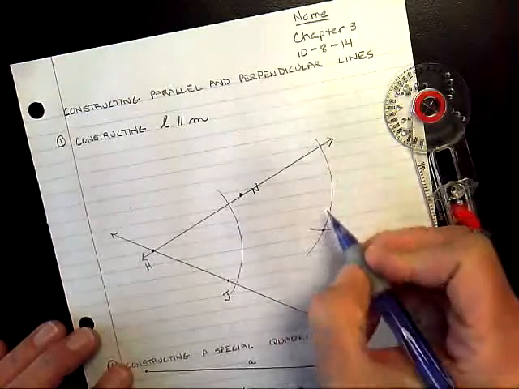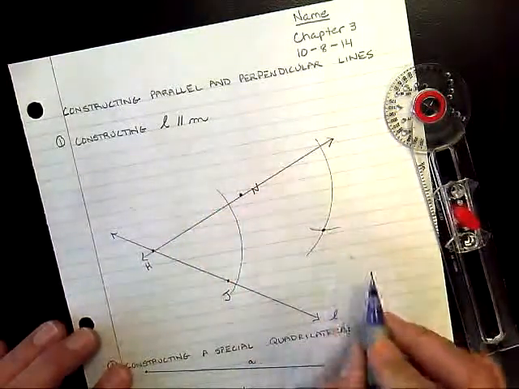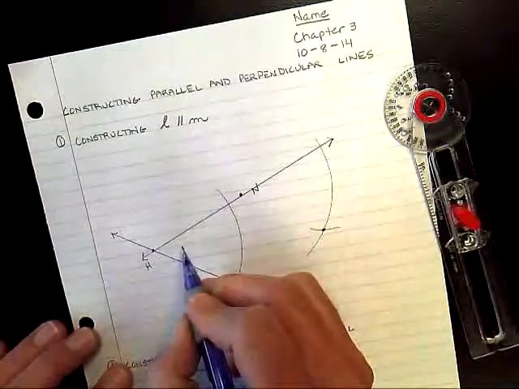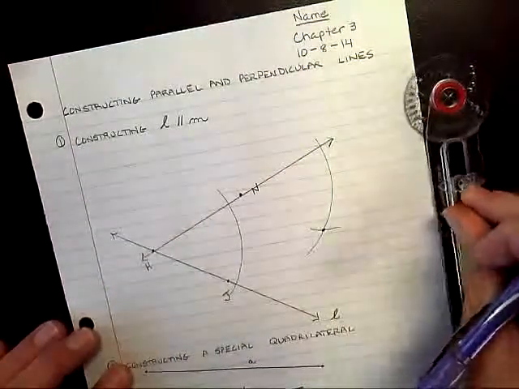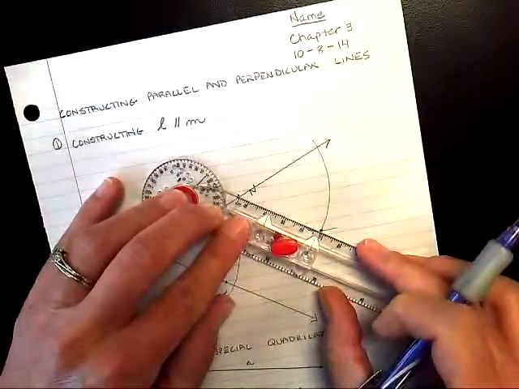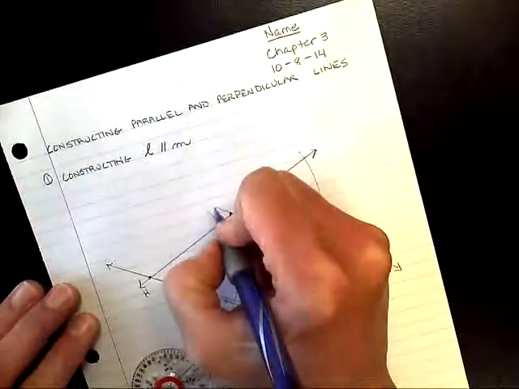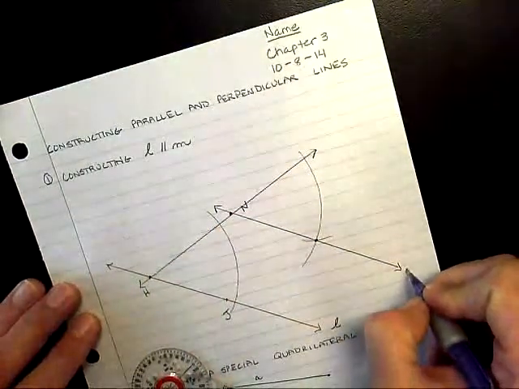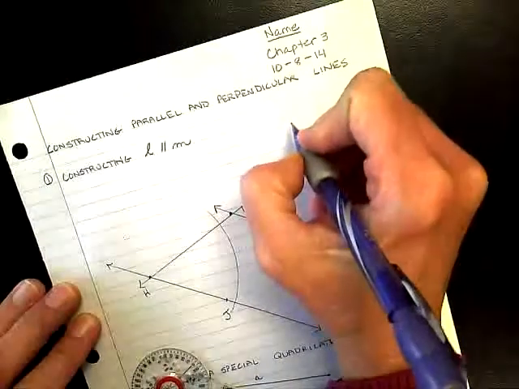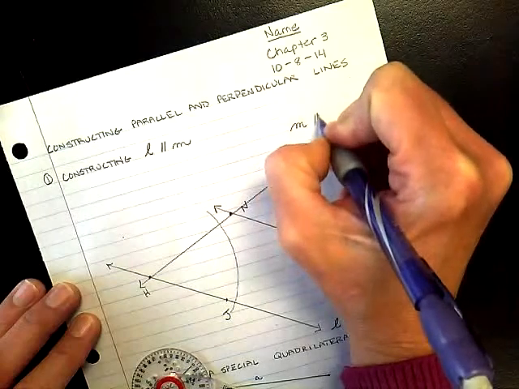This distance from here to here and here to here are the same, so if I construct this line here, we'll create corresponding angles that are congruent. If corresponding angles are congruent, then I can conclude that I have parallel lines. I'm going to name this line line M, and we're going to conclude that M is parallel to L.